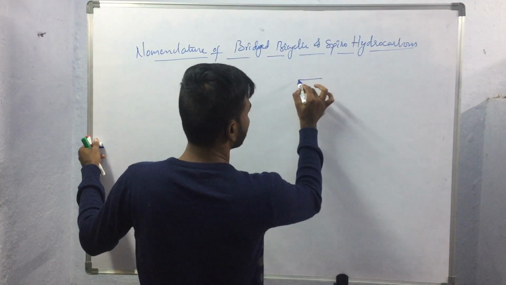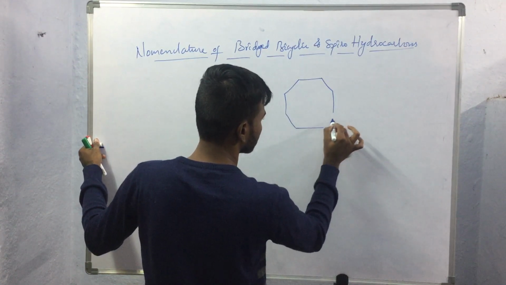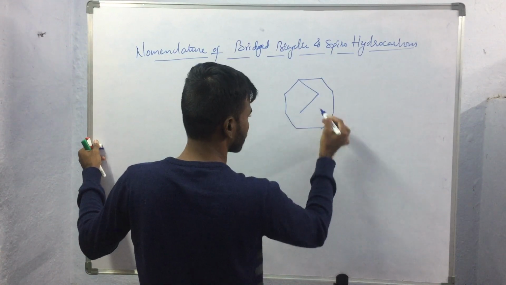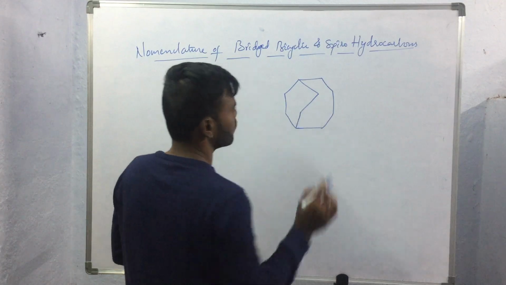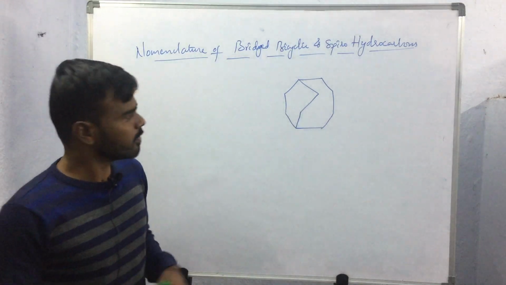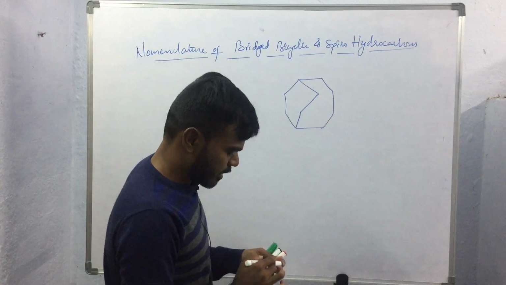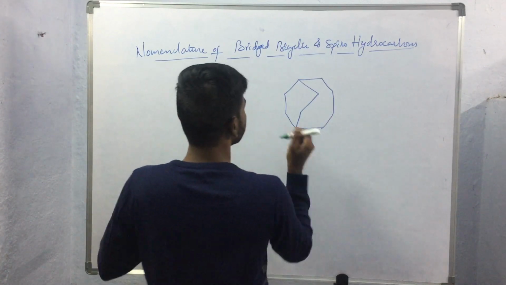So let us take an example. Let us consider this compound. This will be one cycle and this will be another cycle. I will make it different colors.